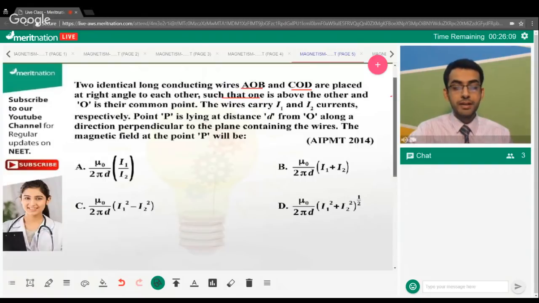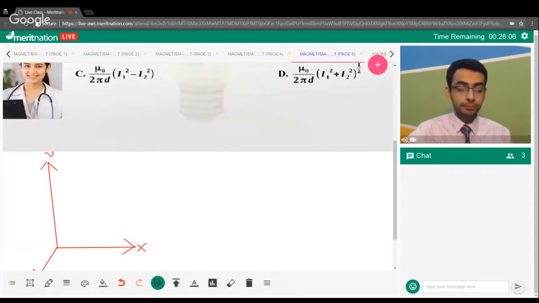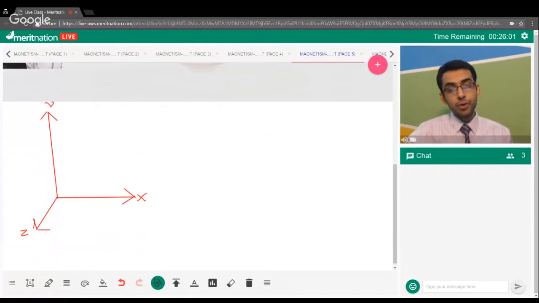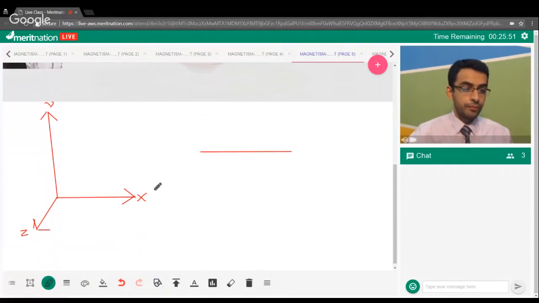So how to find the magnetic field at the given point? Let's say we draw the two wires, AOB and COD. This one, let us say, is your AOB, and this is lying along the x-axis. Let us say the other wire is like this, lying on the z-axis. This is your COD wire.